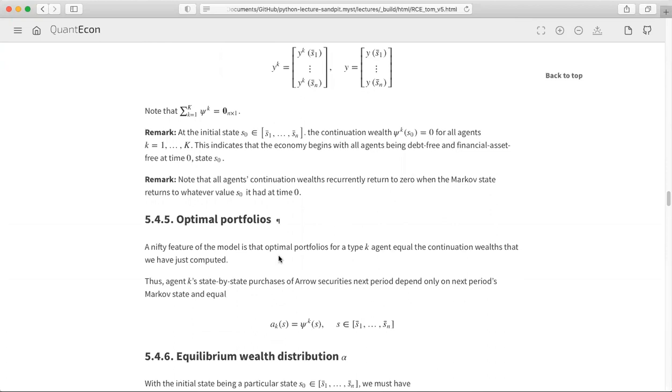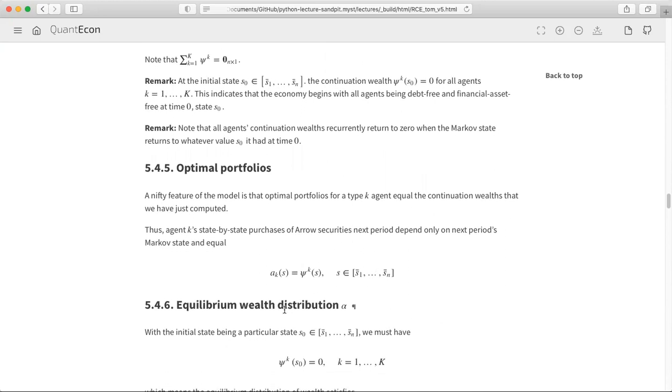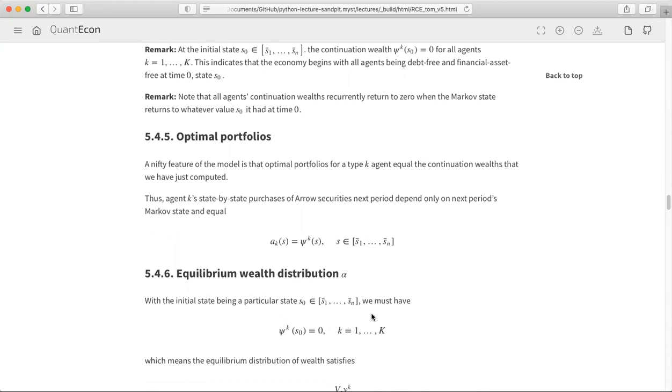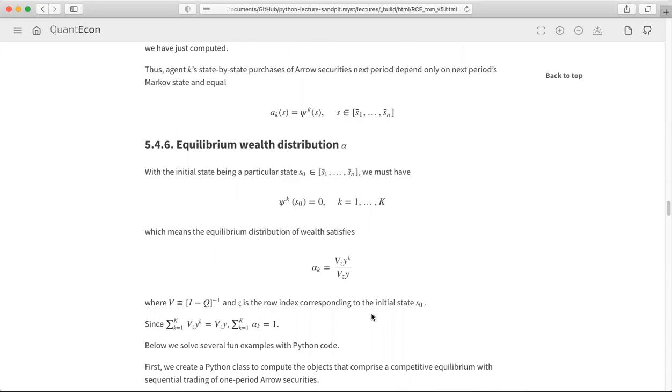Well, once we found the continuation wealths, that's what people's optimal portfolios are. And now we have to figure out how to find the equilibrium wealth distribution. And we did that. And here's the deal. All we needed was prices and your endowment.